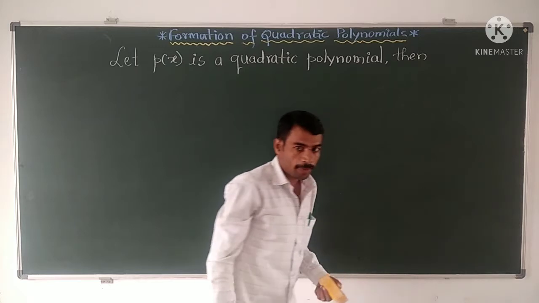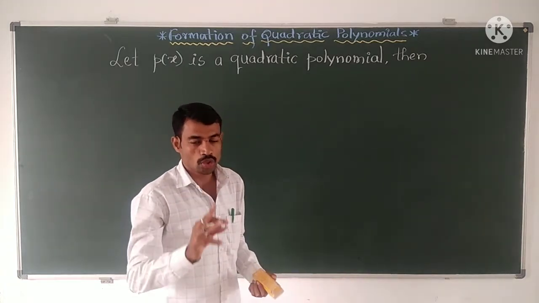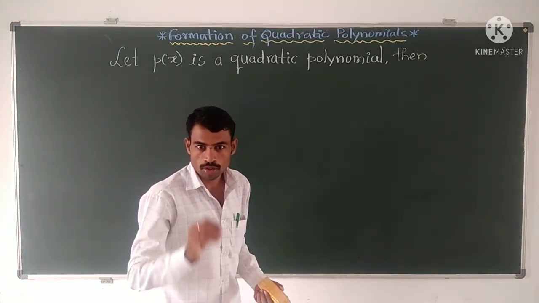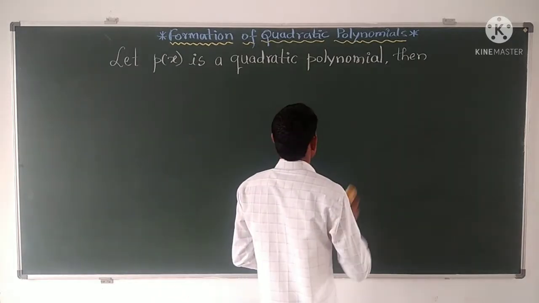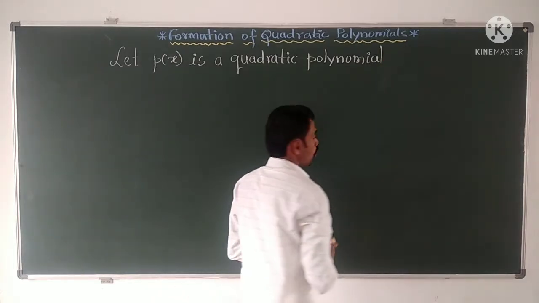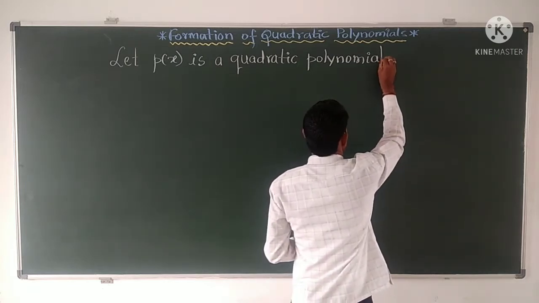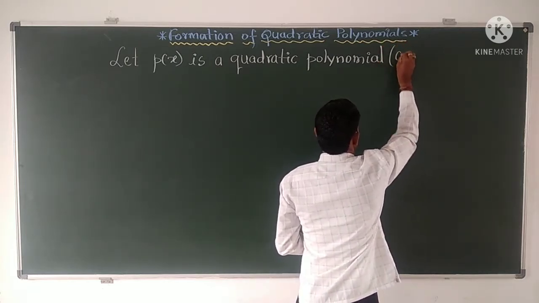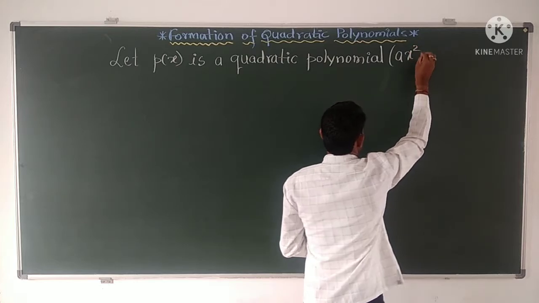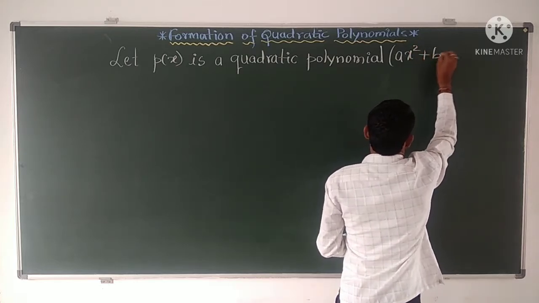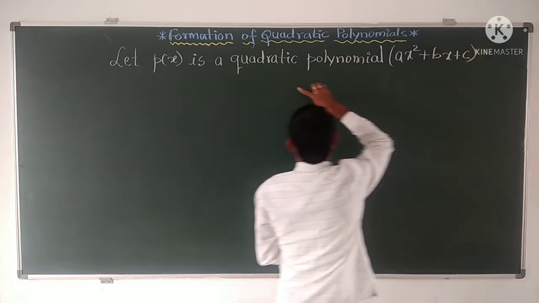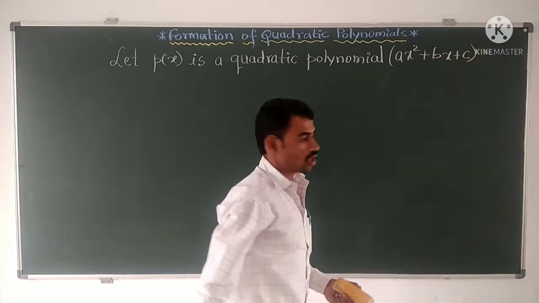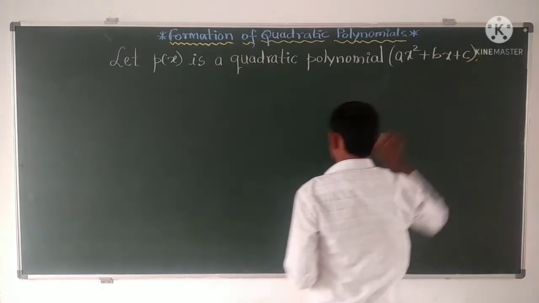Then alpha and beta are the two zeros of the given polynomial P of x. Which polynomial is that? Quadratic polynomial. What is the general form of a quadratic polynomial? Ax square plus bx plus c. Quadratic polynomial, that is the general form. Clear?